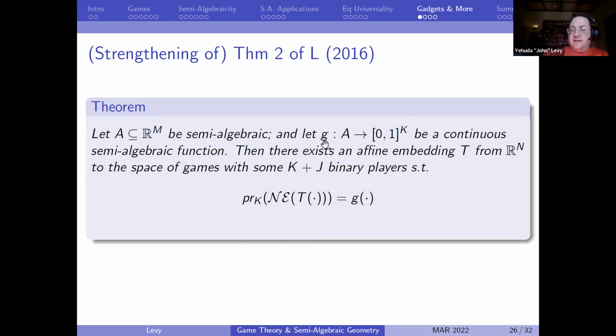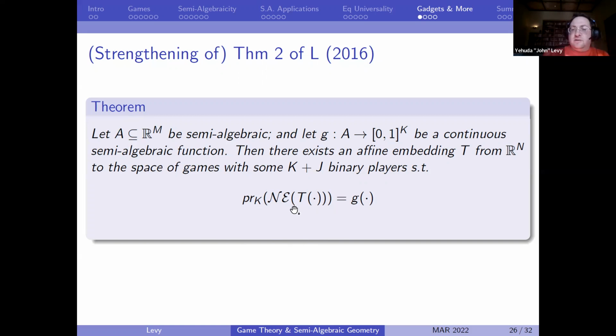So any continuous function from a semi-algebraic set into the cube can be represented by embedding Rm into the space of games such that on this set A, putting something into the function is the same as putting it into this mapping, finding the game, taking its Nash equilibria, and projecting.